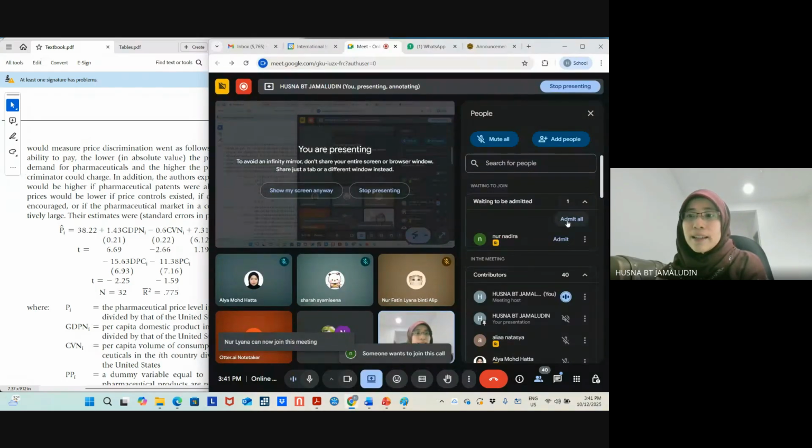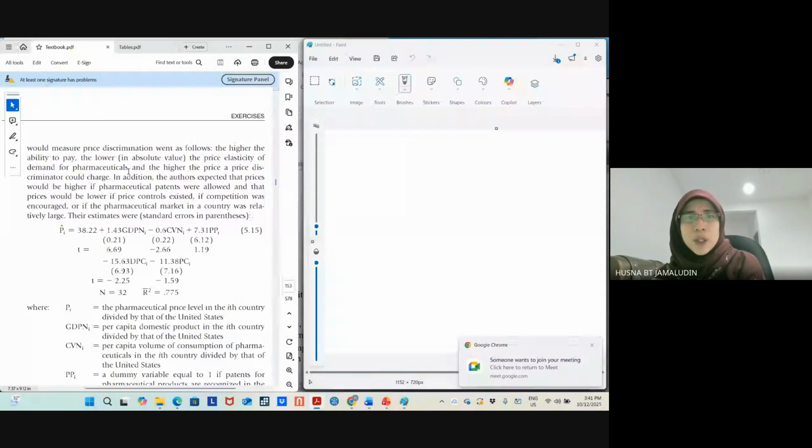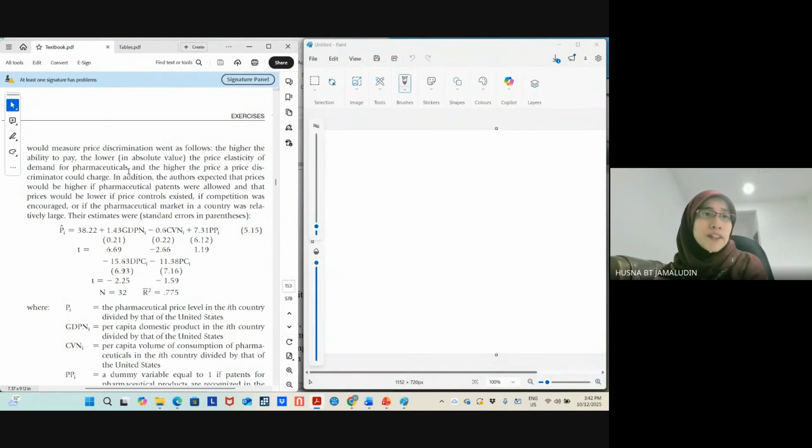They said that the higher your ability to pay, the lower the price elasticity of demand for the pharmaceutical. Regardless of whether the price is increased or decreased, if you are able to pay for it, the price elasticity doesn't matter because people can pay for it.